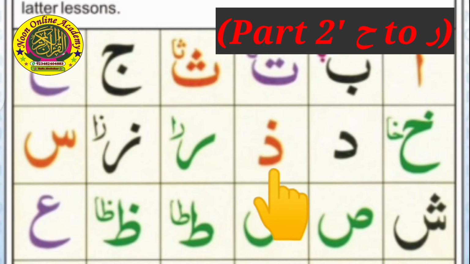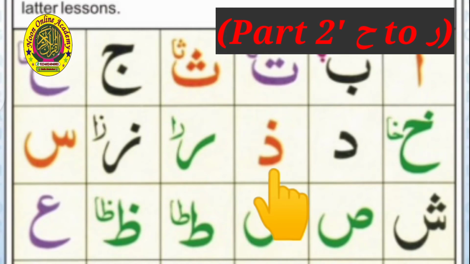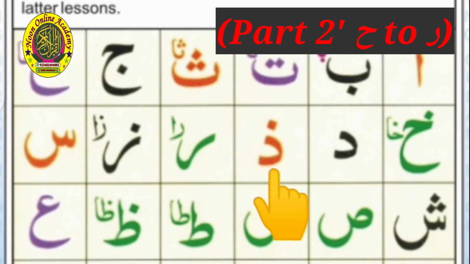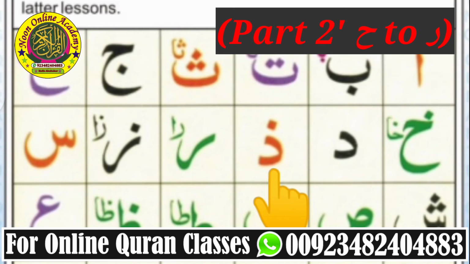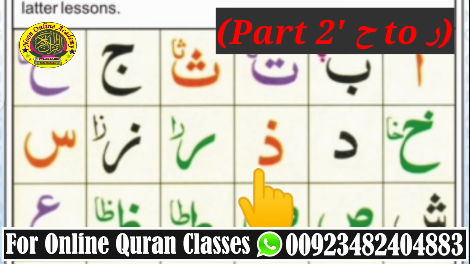Please read after me. Dhal. Please remember, Dhal has one dot on top and Dhal has a very soft sound. Read Dhal without a whistle sound. There is a big difference between Dal and Dhal.